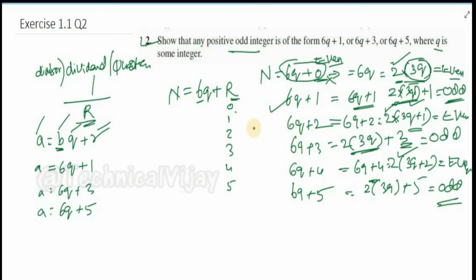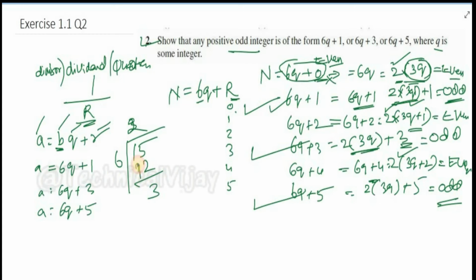Hence it is shown that any positive odd integer will be in the form of 6q plus 1 or 6q plus 3 or 6q plus 5. For this you can take any positive odd integer. For example, you take 15. You divide it by 6. 6 2s are 12. The remainder will be 3. This is satisfied.